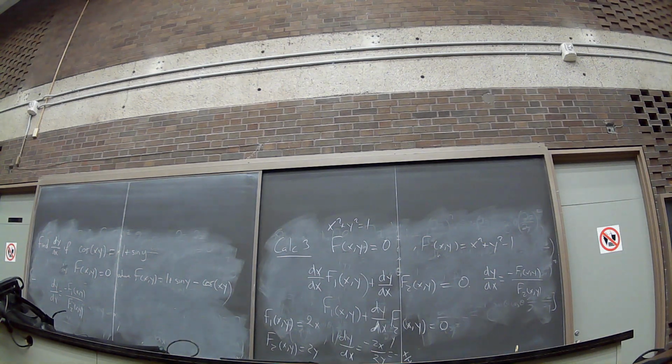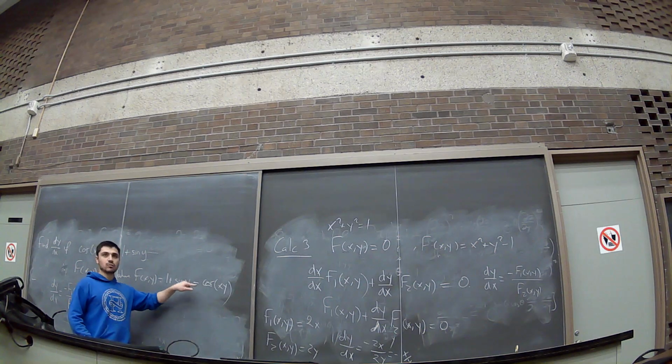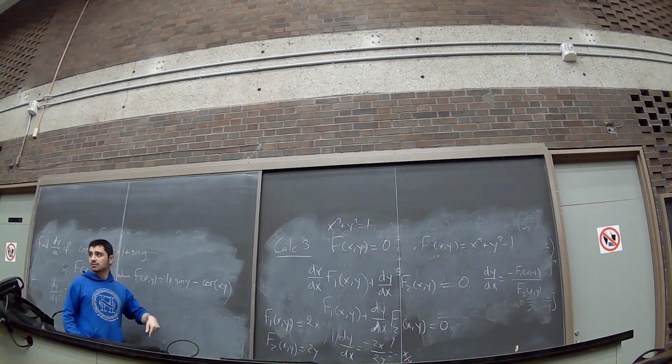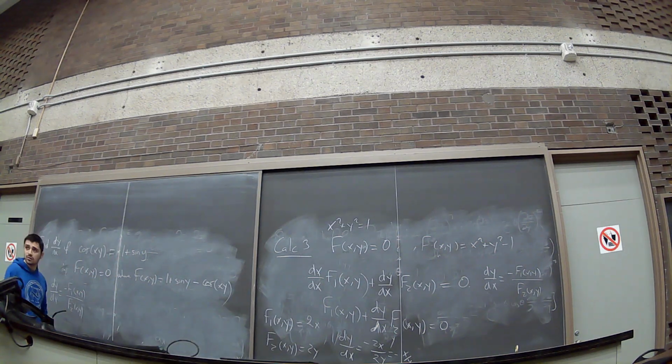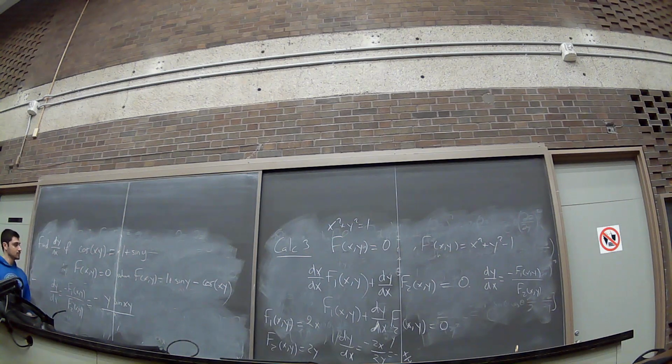So what is f1 at xy? Derivative of f with respect to the first argument. What is it? So differentiate this with respect to the first argument. The first terms give 0. What do you get? So you get y sine xy, right? Yes or no? Yes. You get minus y sine xy over what? The derivative of f with respect to the second argument.